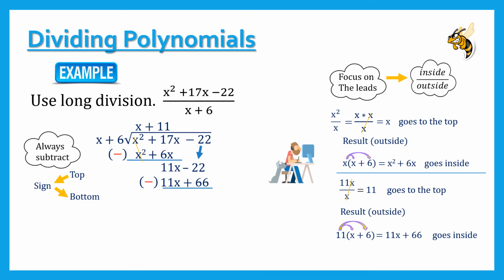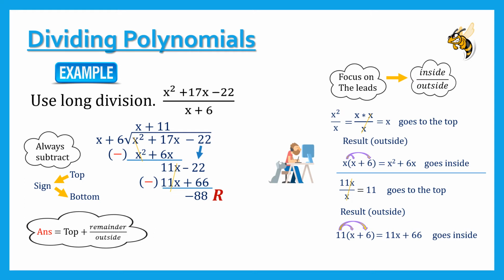Remember, we're always subtracting. So it's going to be 11x minus 11x. That means they cancel. It's going to be negative 22 minus 66. That means it's going to be negative 88. That negative 88 is a remainder. There's nothing to bring down. So therefore, we have nothing else we can do to the problem.